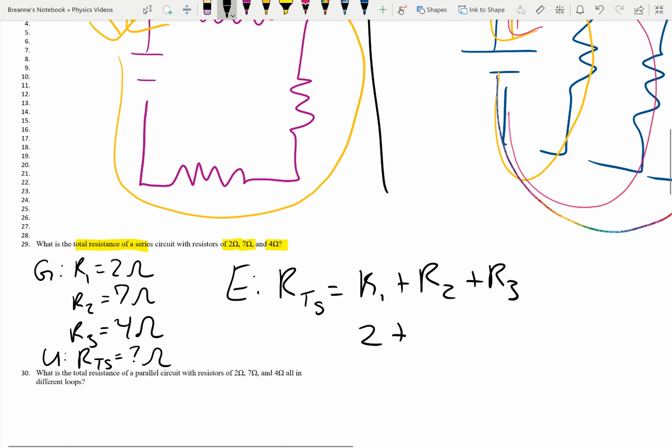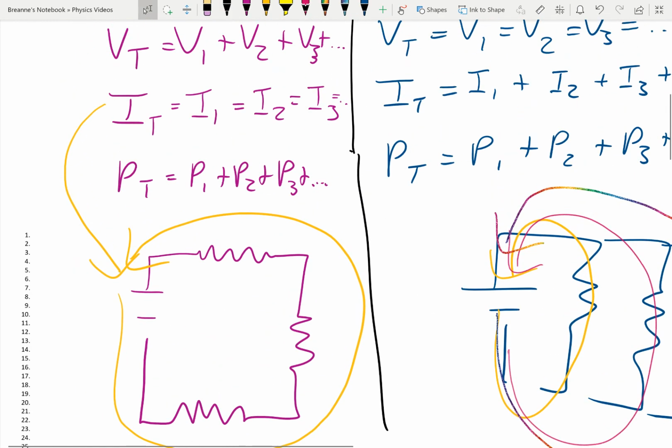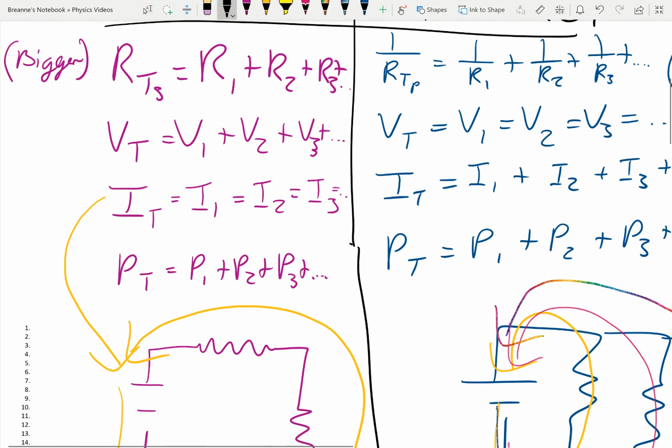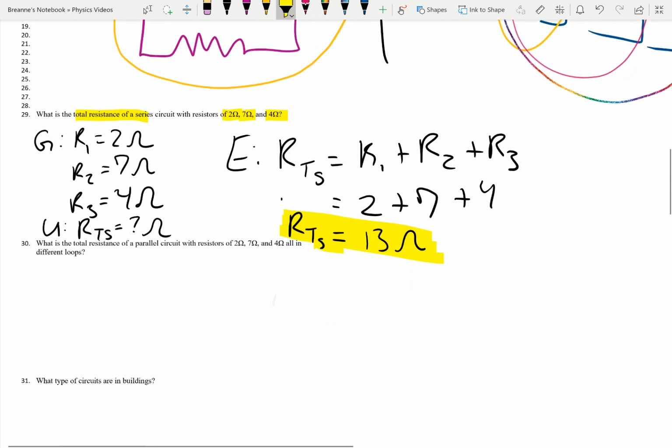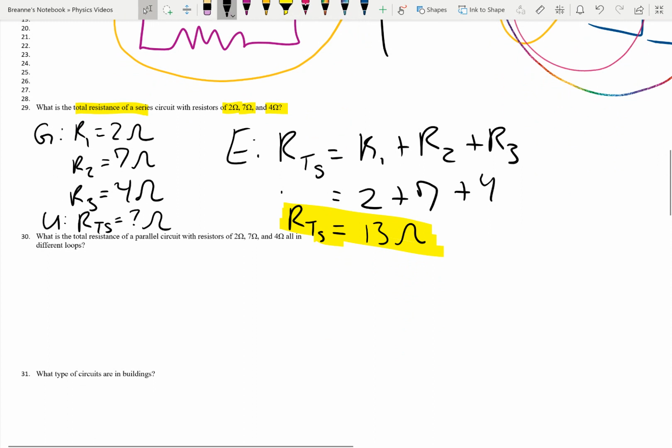So it'd just be 2 plus 7 plus 4 would give you our total. So you just plug that in your handy calculator. This you can just use the calculator on Schoology because you're just adding 2 plus 7 plus 4 and you get 13 ohms. Now I stated over here, if you're in a series, your total resistance should be bigger than all your other resistors. So is 13 bigger than 2, 7, and 4? Good.